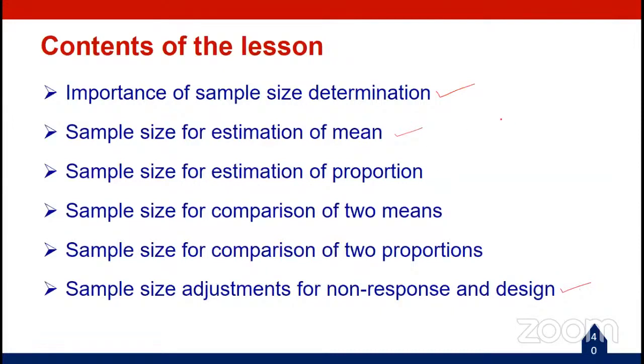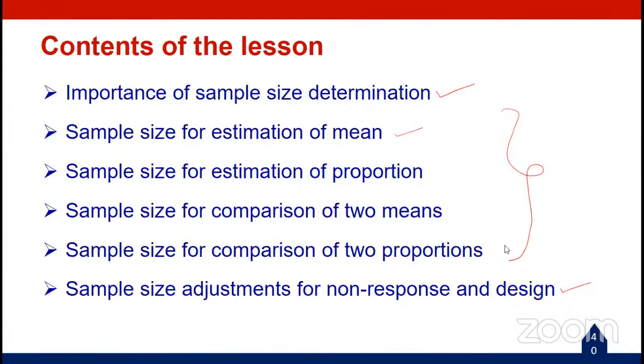You need to remember that there won't be any single sample size formula for all situations. The formula to be used for sample size computation depends on the primary objective. In the sense, for a descriptive study, you will be using one particular sample size formula. For comparing between two groups, there is a different sample size formula.